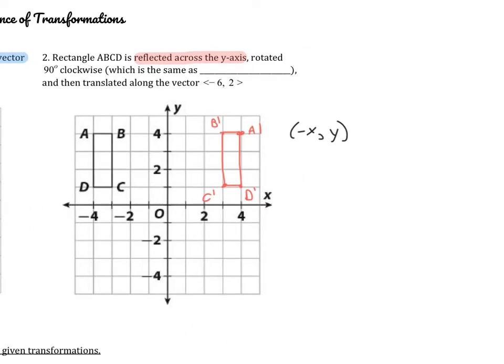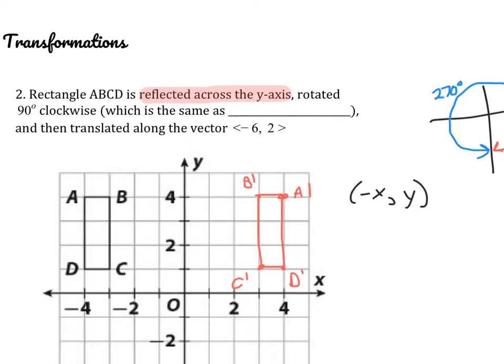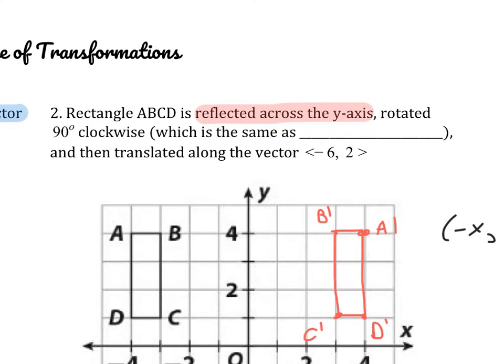Really, you only need to know the rules for counterclockwise if you understand that 90 degrees clockwise, which would be a quarter circle this way, is the same as 270 degrees counterclockwise. So I'm going to write that into the blank: 90 degrees clockwise is the same as 270 degrees counterclockwise, which we do have a rule for.